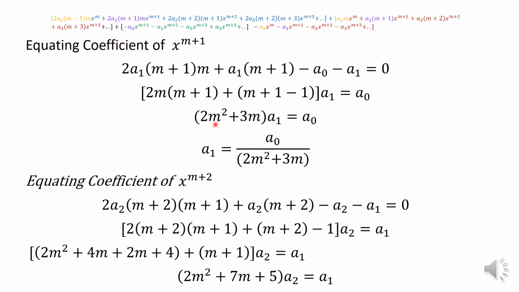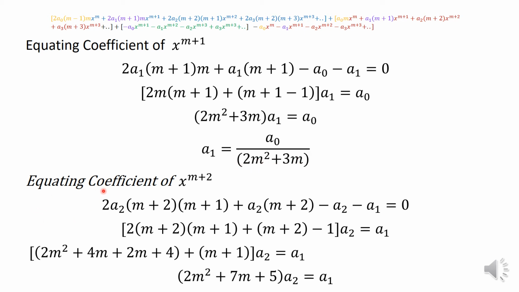So the answer will be 2m square plus 3m multiplied by a1 is equal to a naught. So a1 will be equal to a naught divided by this factor 2m square plus 3m. You can take it to the denominator, right?